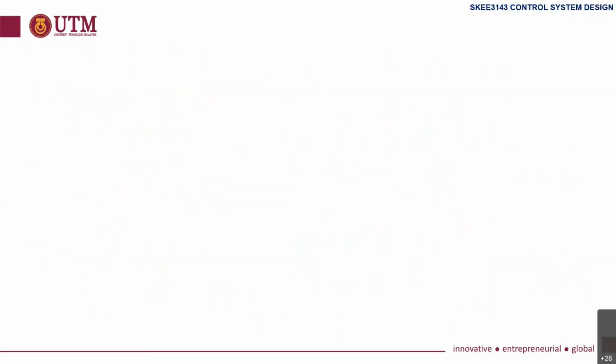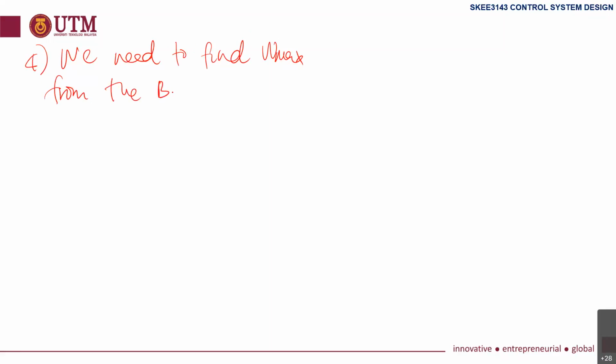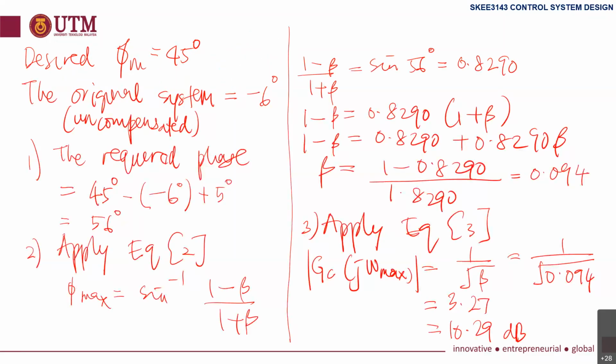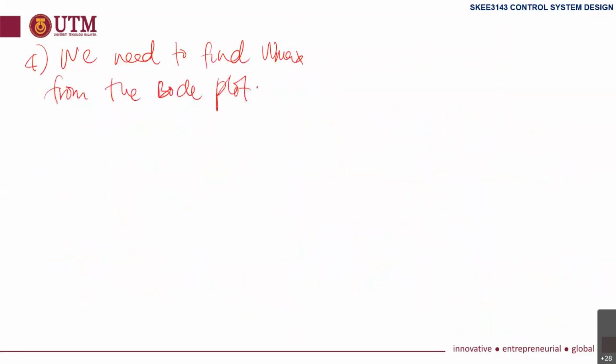Then step 4, we need to find omega max from the Bode plot. How to do it? How to obtain omega max? We need to use this value.